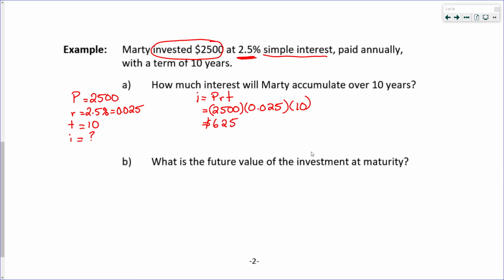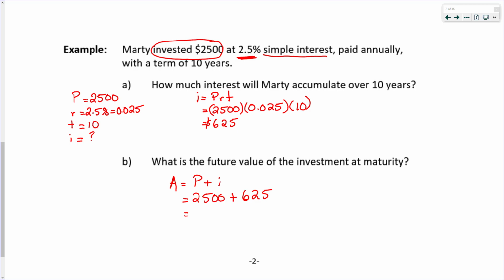So now we have, what is the future value of the investment at maturity? My future value, which we usually represent as an A, is equal to my principal plus the interest. In this case, my starting amount was 2,500. My interest is what I figured out in the previous problem, the 625. Again, the 625 was the extra I earned on this investment.